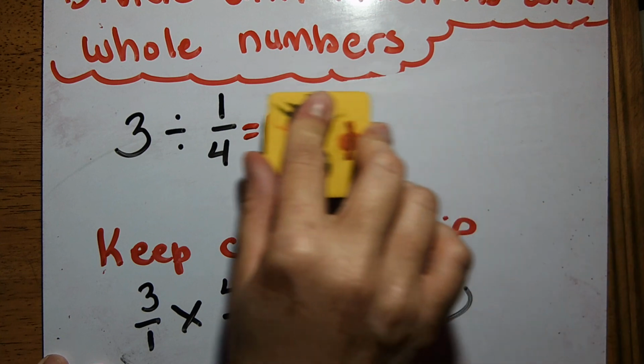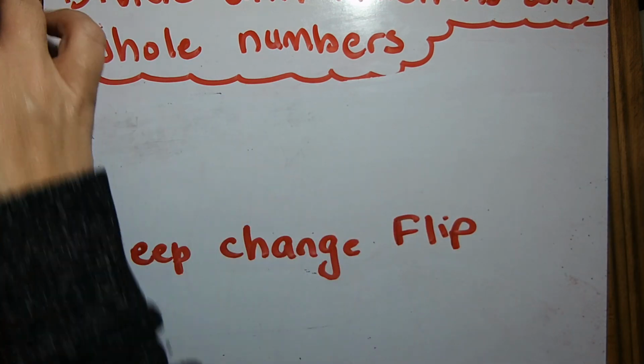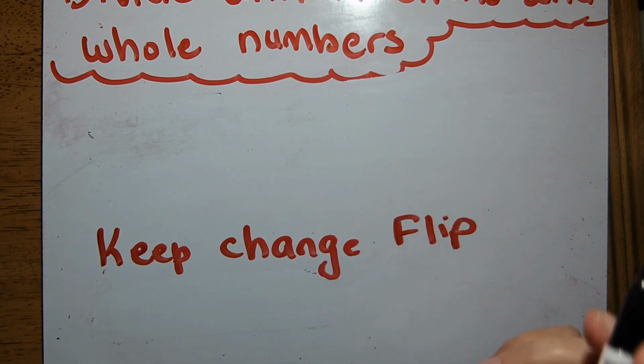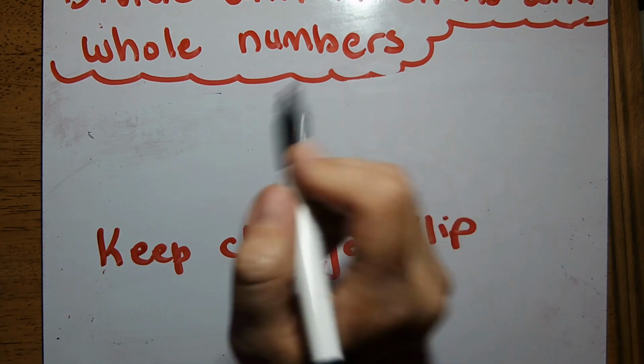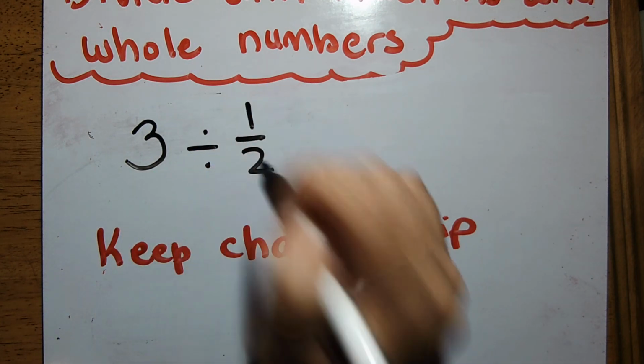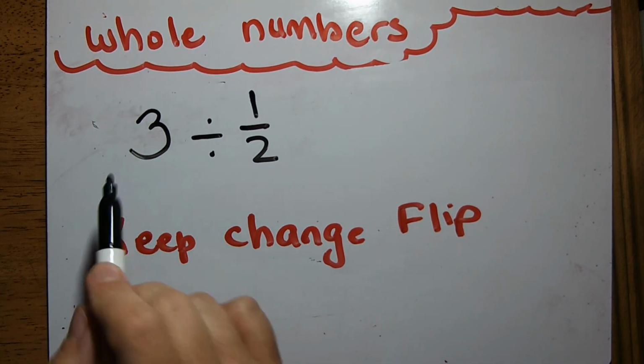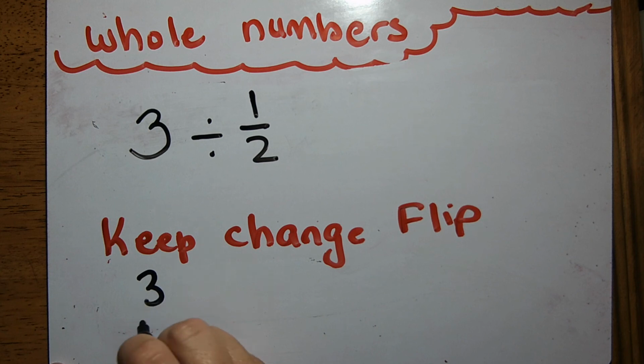Let me show you another one of those. Say I have 3 divided by 1/2. Again, I'm going to use my keep, change, flip strategy. I'm going to keep my whole number, but I'm going to put my imaginary 1 underneath it.